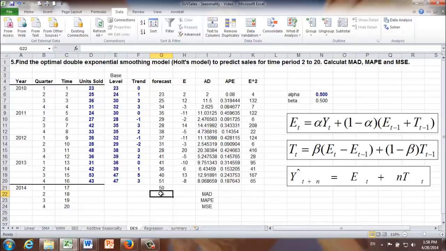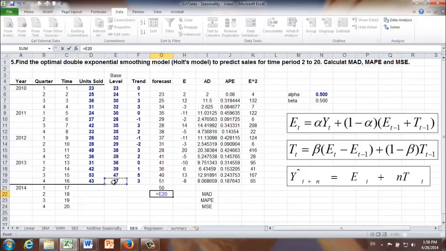But what about the prediction for time period 18? You see, E17, the base level of time period 17, is not available. The best we can do is to use the base level from time period 16 once again, the most recent one that is available. But right now, we're talking about 2 time periods into the future.